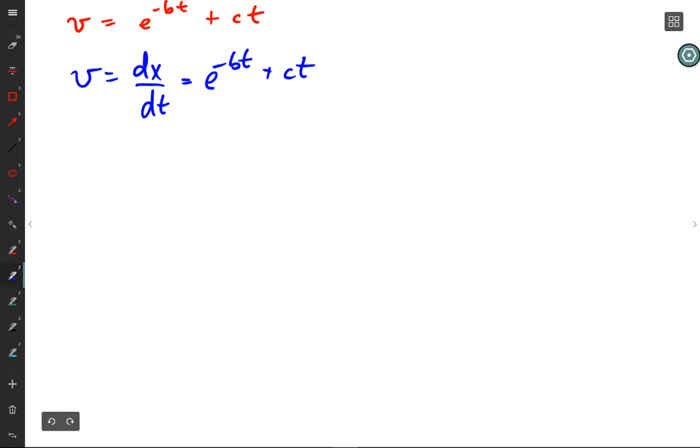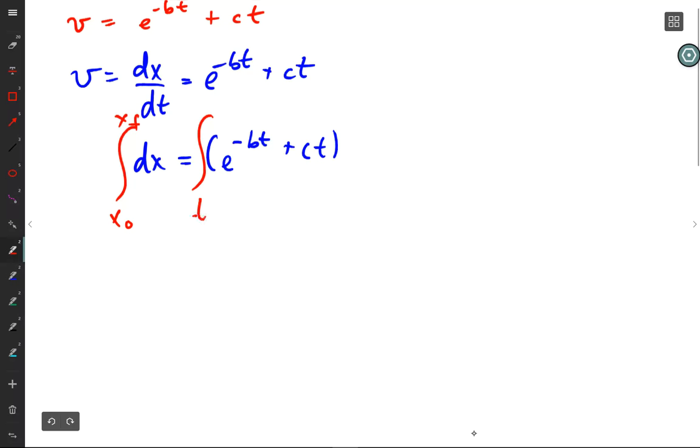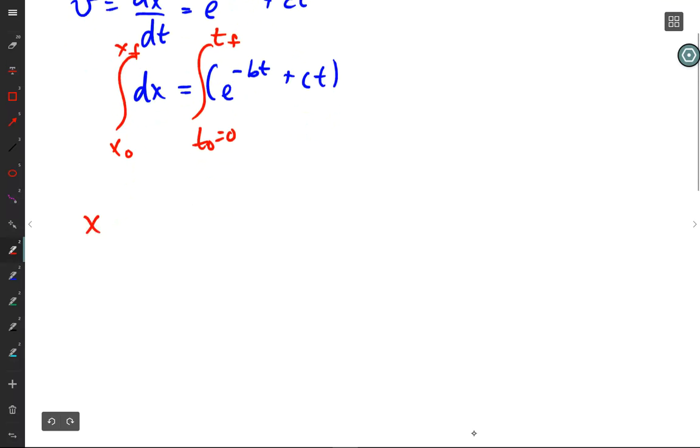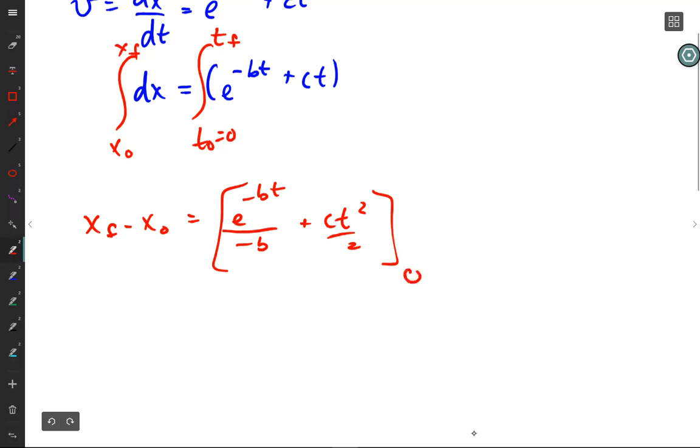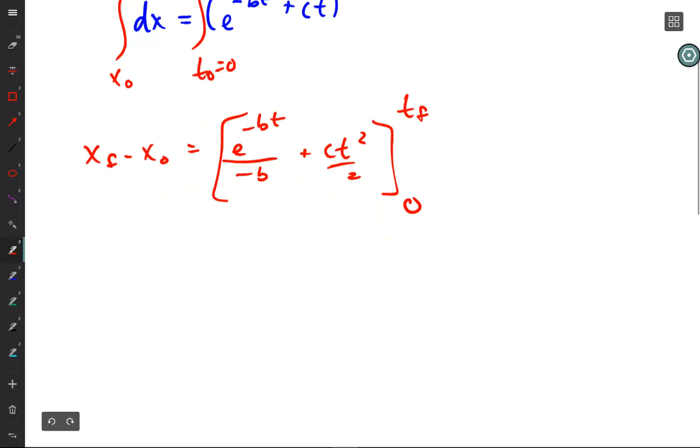Now I want to separate the variables. And then I integrate both sides independently. And I have, put in the limits.